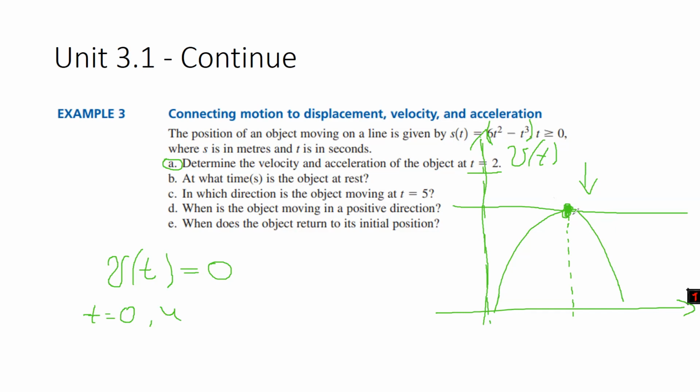But at the moment 4 seconds, something happened and velocity turned into 0 again. So it means we were going in the positive direction from 0 to 4. And you remember at moment of time 5, we already have negative direction. So 4 would be the maximum.